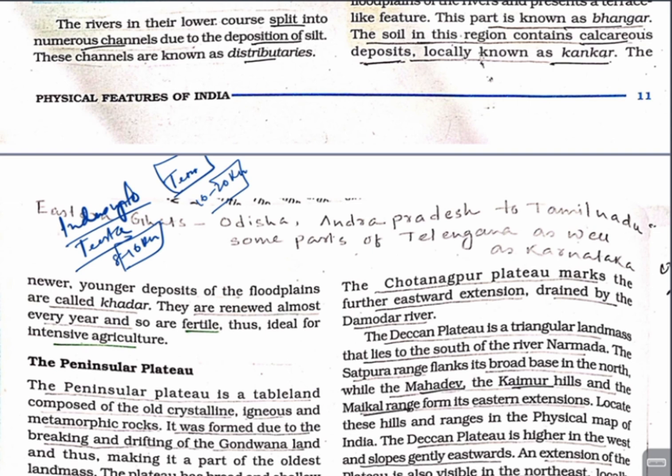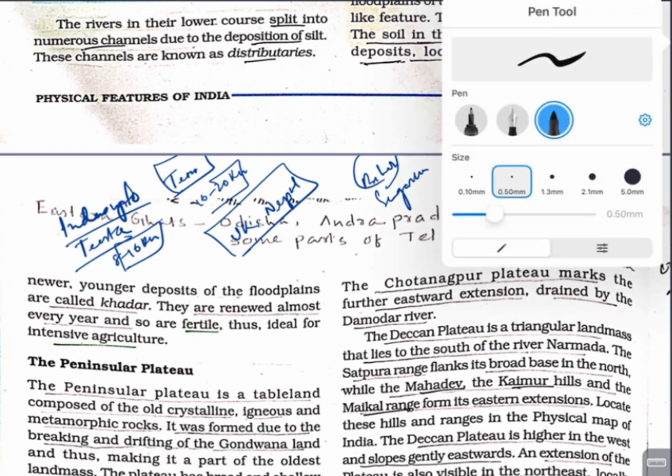The soil is even good for growing rice. In Uttarakhand and Nepal they grow rice, whereas in Bihar it is sugarcane.